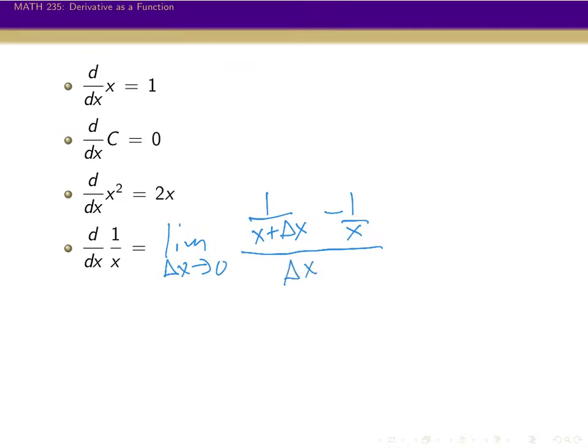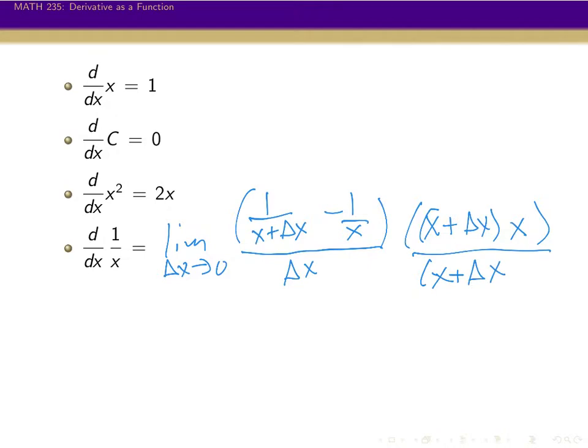Now I've got fractions in the numerator, and so to get rid of all the fractions in the numerator, I'm going to multiply by x plus delta x to get rid of the fraction on the left, and then also by x again to get rid of the fraction on the right. And then I have to multiply it to the bottom as well. So at the end, I'm only multiplying by 1 and not changing the limit.